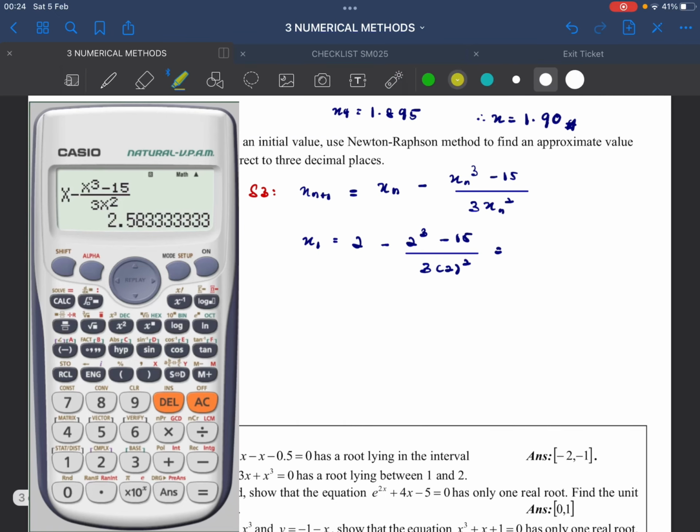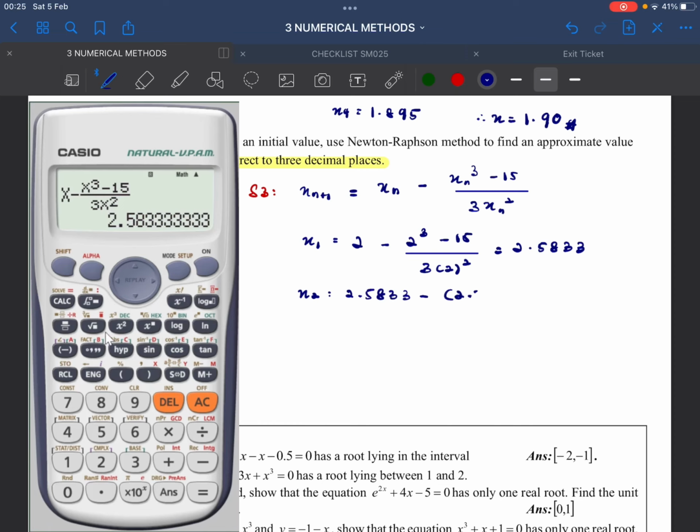Now you are going to look at the question and see what the question asks you. Correct to 3 decimal places. So in your working steps, you have to put 4. So here we will have 2.5833. The second iteration, you still have to show your substitution.